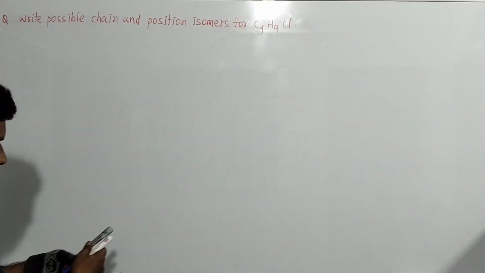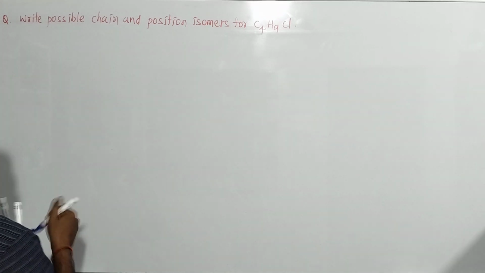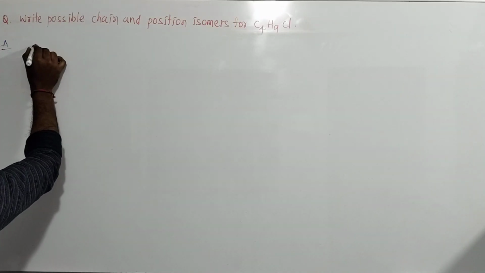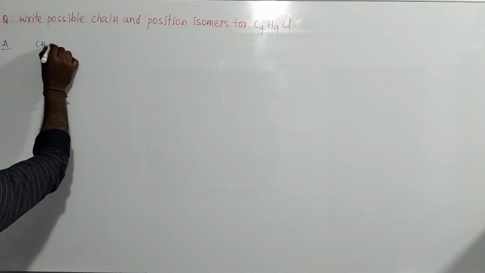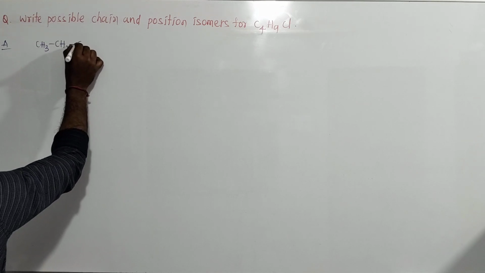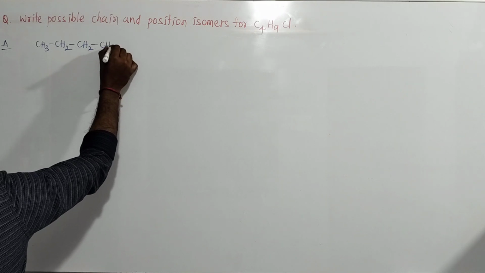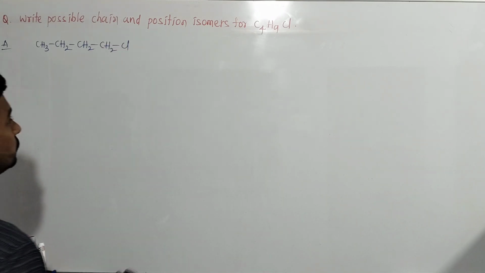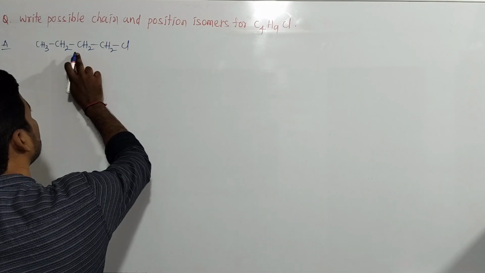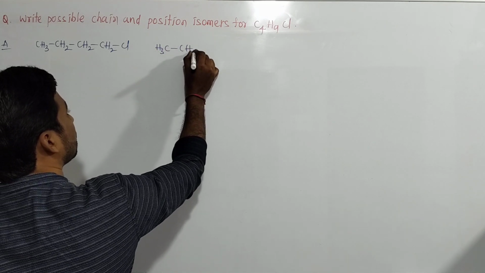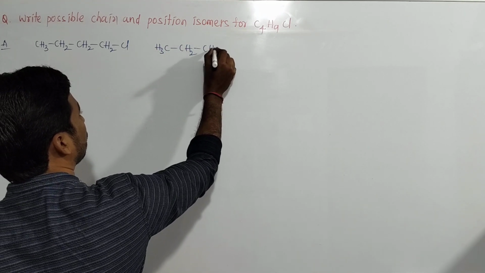For these chain and position isomers, first I am writing CH3, CH2, CH2, CH2Cl. This is one. Next I am taking the substituent at the second carbon.